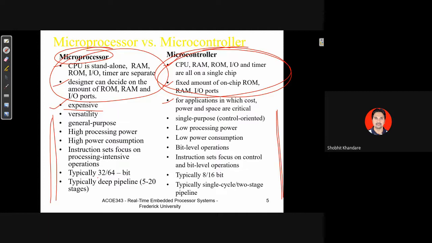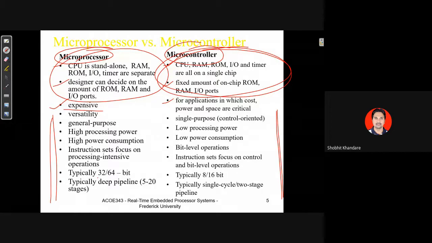But when you come to the microcontroller, it is gadget specific. Microcontroller का एक specific काम assign किया जाता है. Microcontroller is present in the washing machine, the oven, the AC, and the refrigerator.